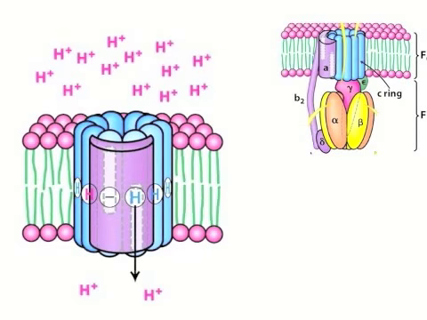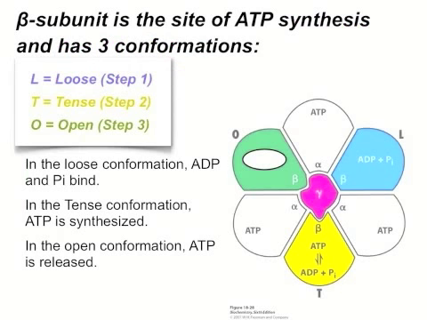The protons are released. The beta subunit is the site of ATP synthesis, and it has three conformations: loose, tense, and open. In the loose state, ADP and inorganic phosphate bind. This is shown in the blue section in the diagram to the right. In the tense conformation, ATP is synthesized, and in the open conformation, ATP is released.